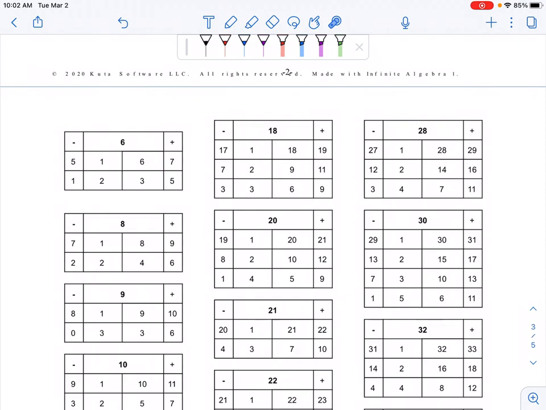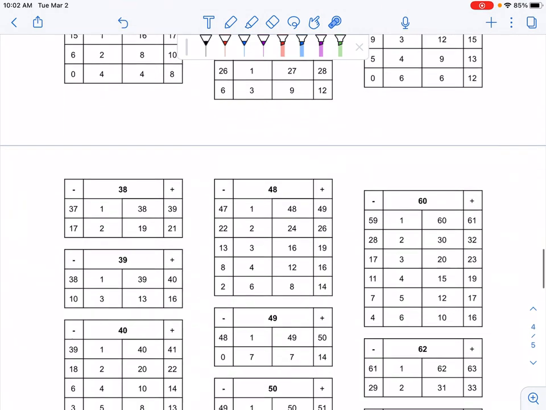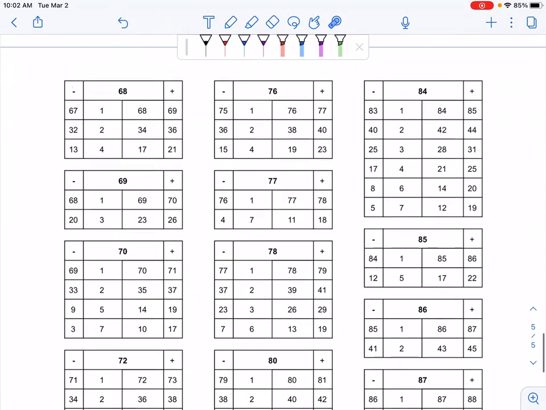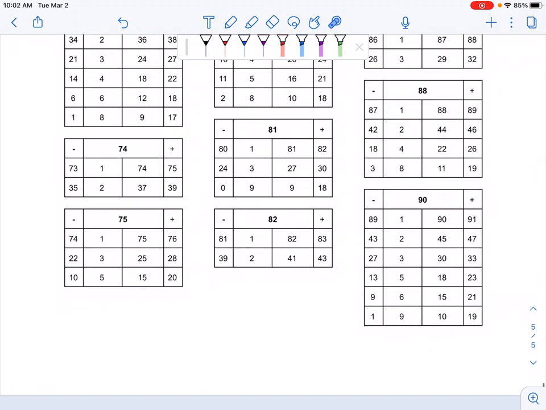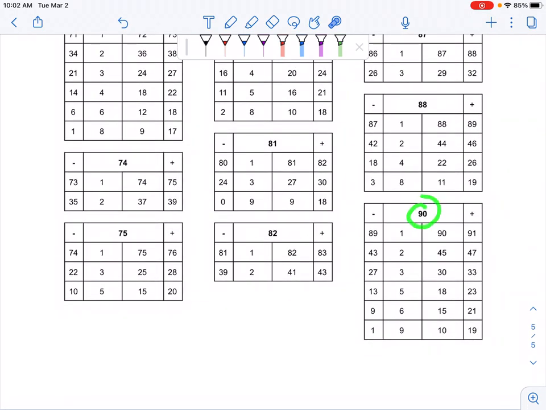This is nice. This goes all the way through 90, with nice big tables. It allows you to see what are the things that multiply to create 90, or any of these other numbers, and then what they add to make or subtract to make.